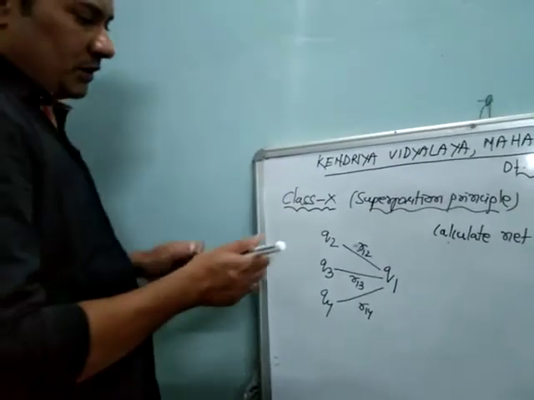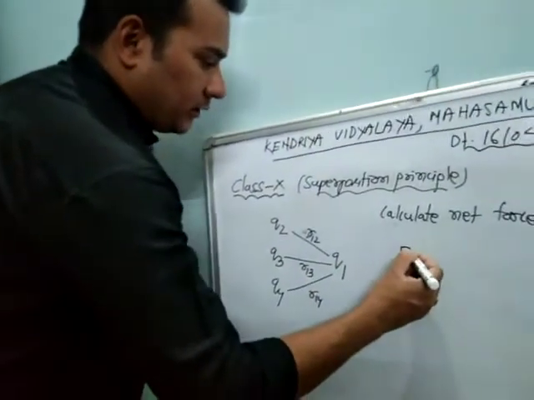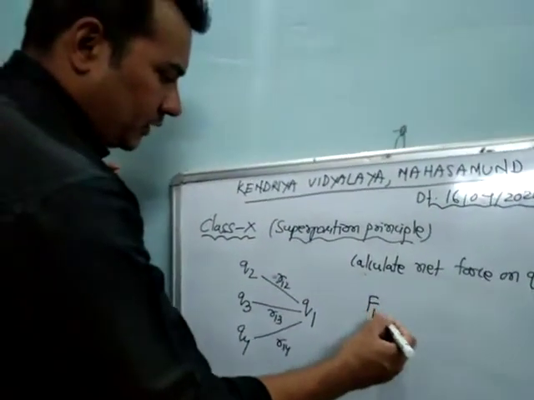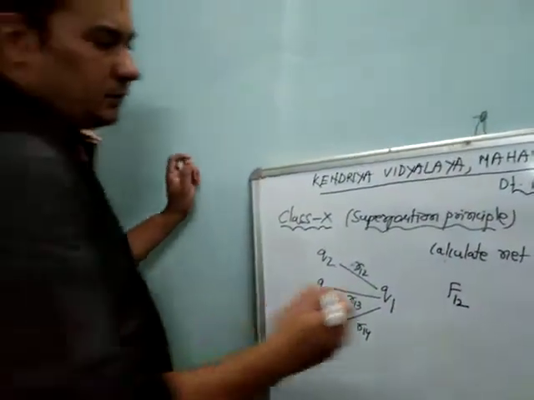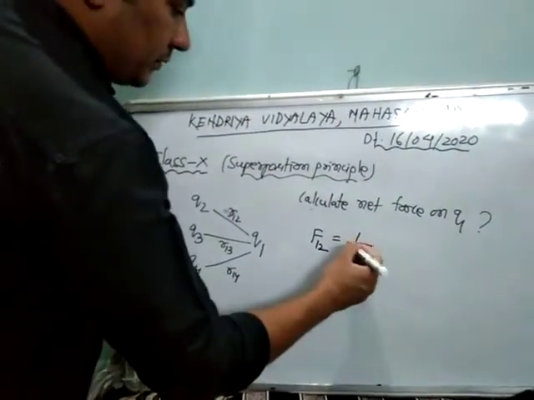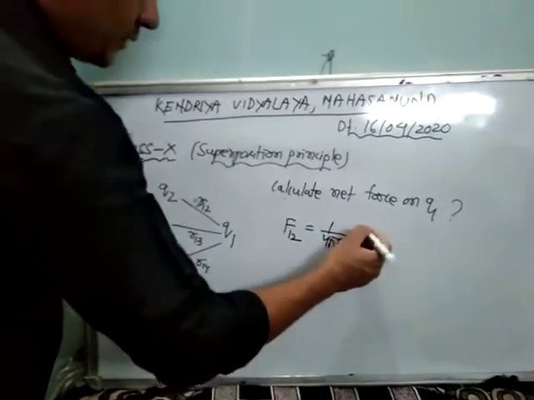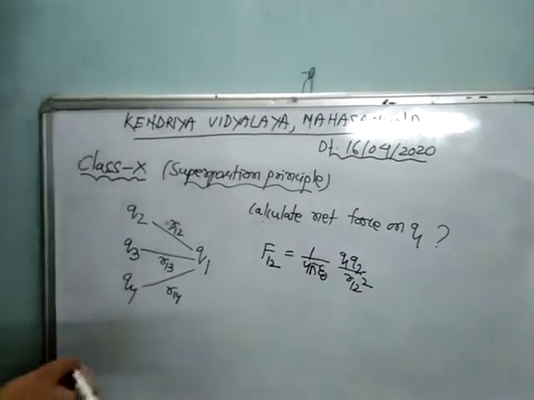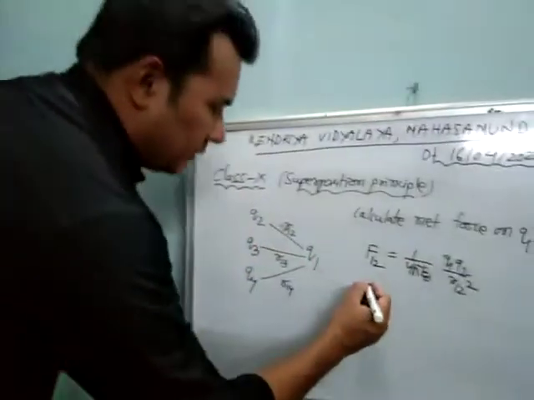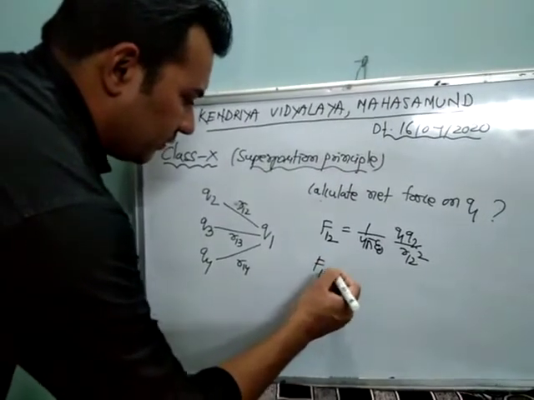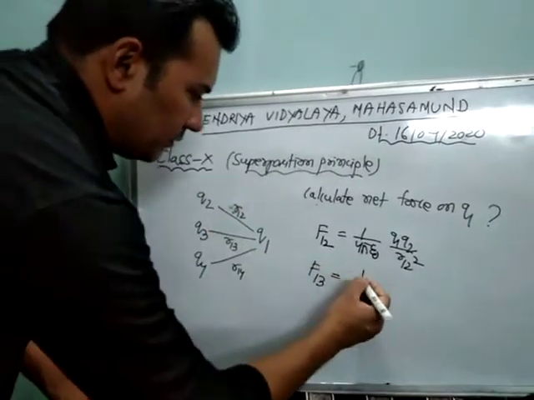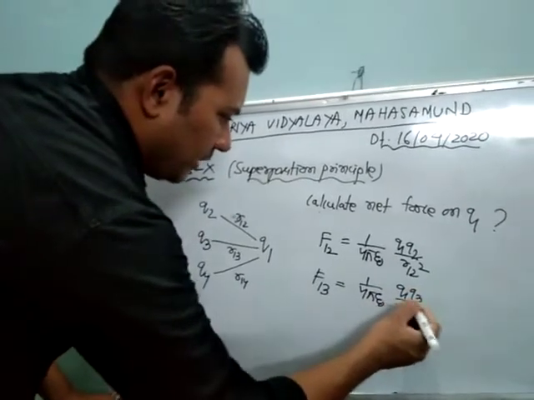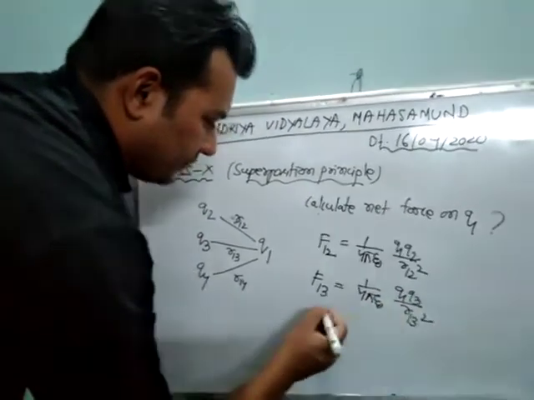It means, first of all, we will write down the force in vector form. What will be F12, that is force between Q1 and Q2? The magnitude is 1 by 4 pi epsilon naught Q1 Q2 by r12 square. Then we have to calculate the force on Q1 due to Q3, which will be 1 by 4 pi epsilon naught Q1 Q3 by r13 square.